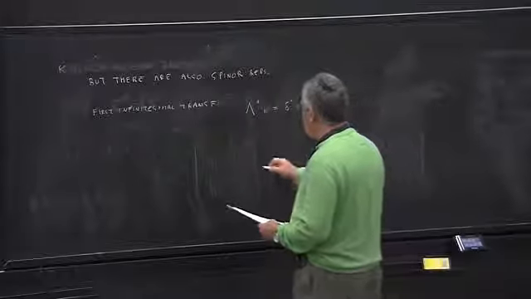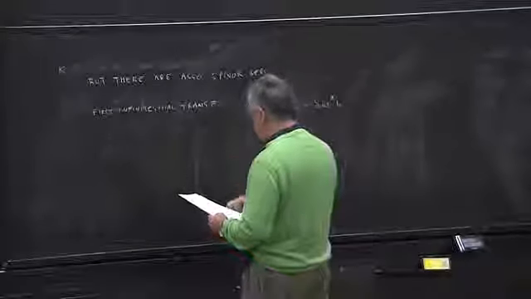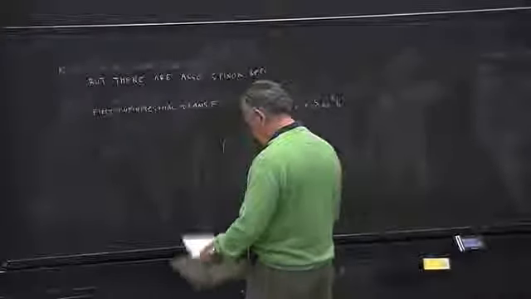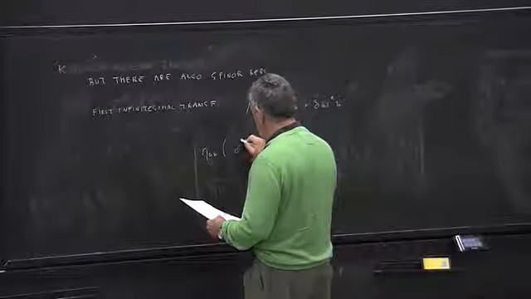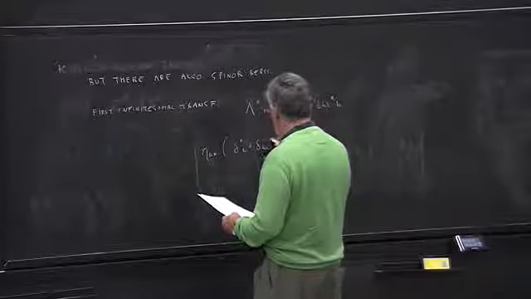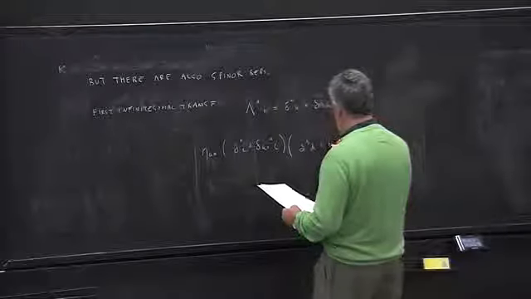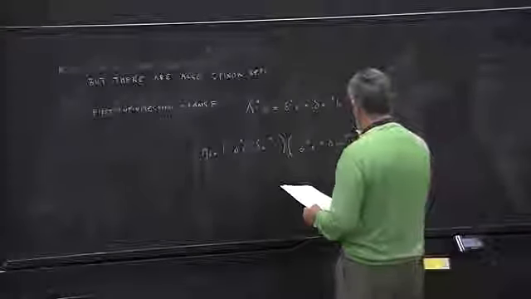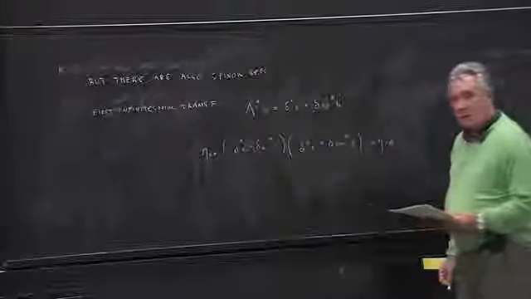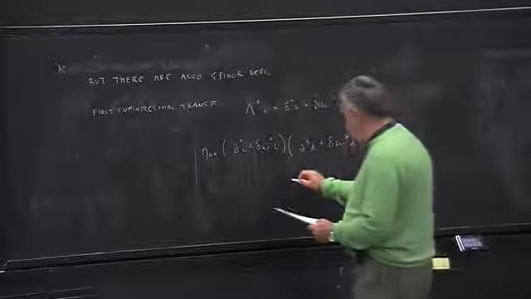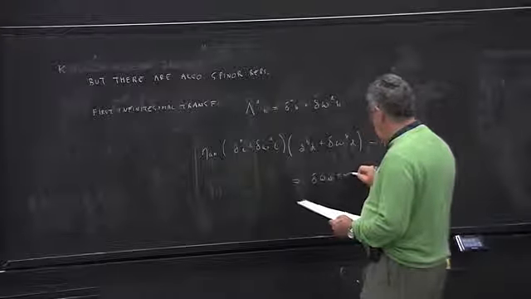And if we plug that into our equation, we have η_AB times (δ_AC plus δω_AC), (δ_BD plus δω_BD) equals η_CD. And to first order in δω, that implies that δω is antisymmetric.